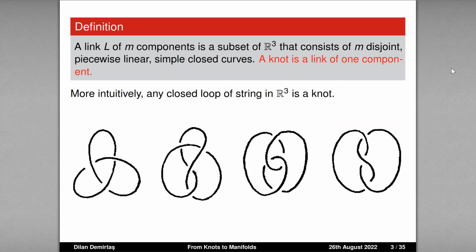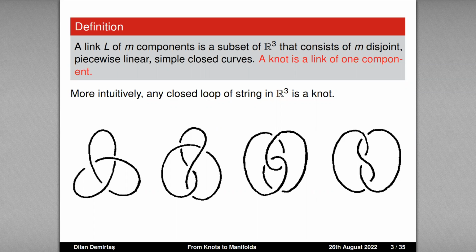So let's begin with the definition. I will define a more general concept called a link. A link L of M components is a subset of R3 that consists of M disjoint piecewise linear simple closed curves. In particular, a knot is a link of one component. More intuitively, you can think of any closed loop of string in R3 as a knot. So here we have 4 equivalent diagrams of the trefoil knot.